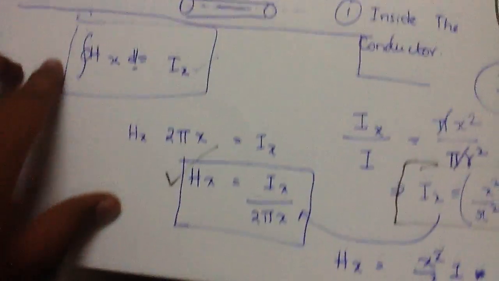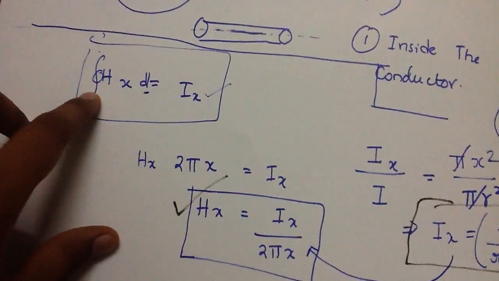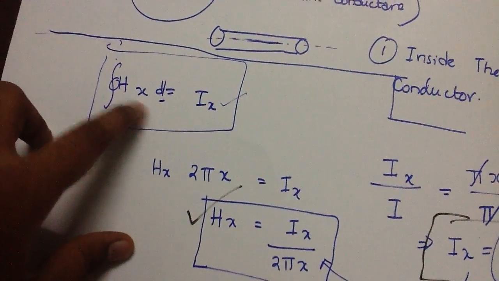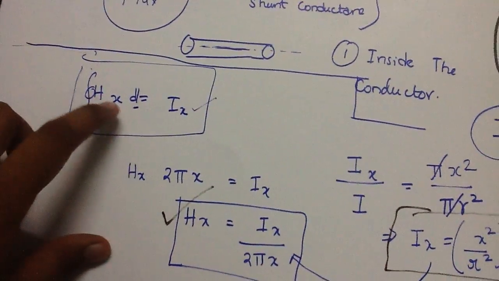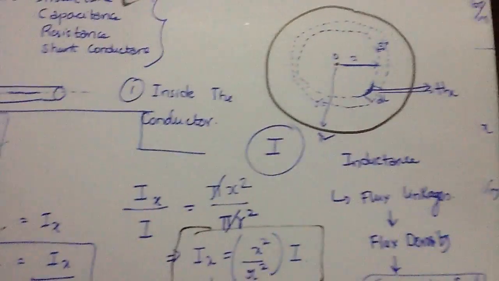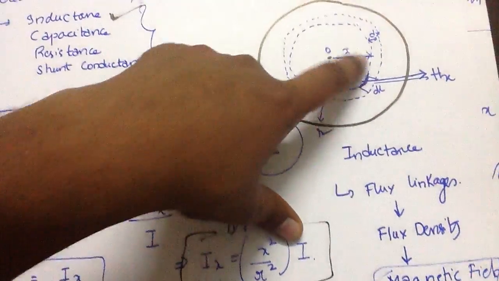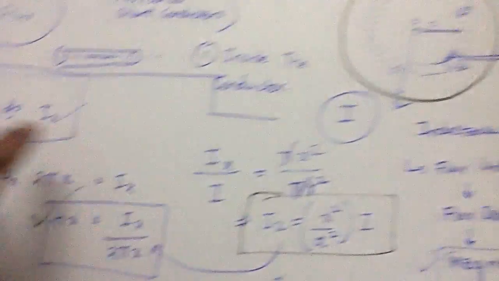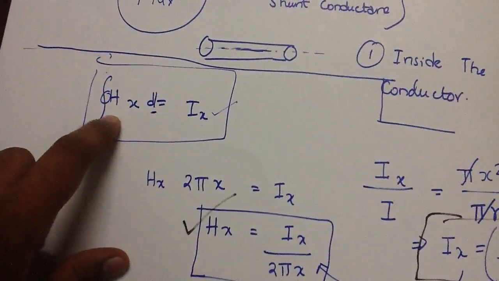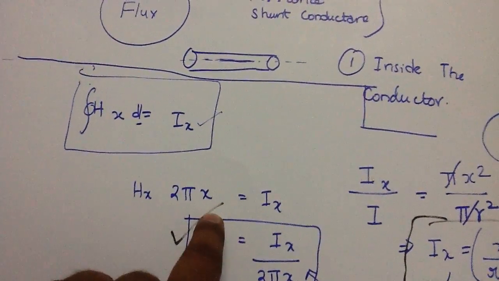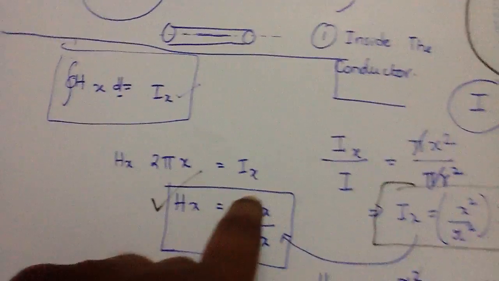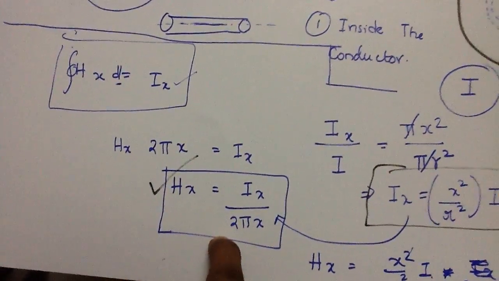In calculating Hx, I say the integral of Hx dl is Ix. Since it is a closed integral, dl becomes 2 pi x. So Hx 2 pi x is equal to Ix, and we have the Hx value.